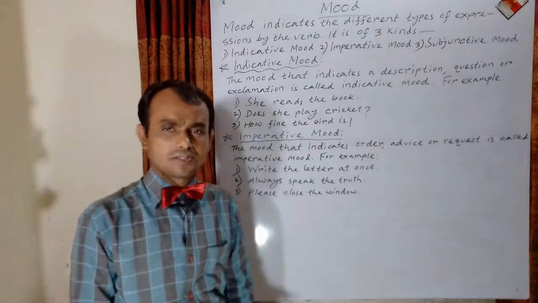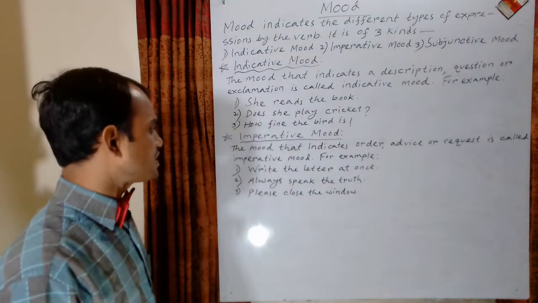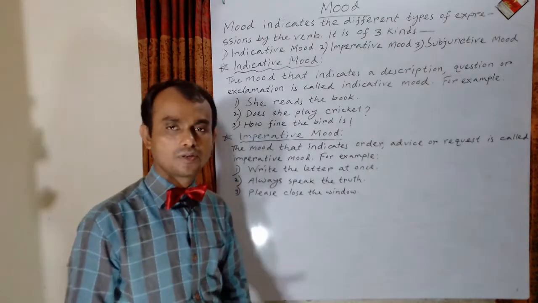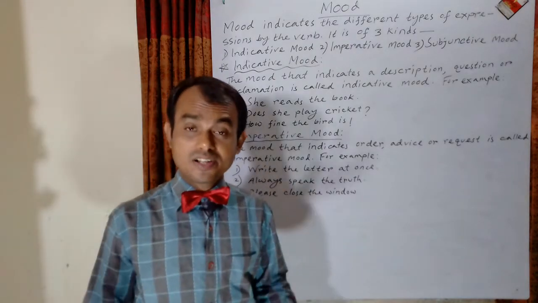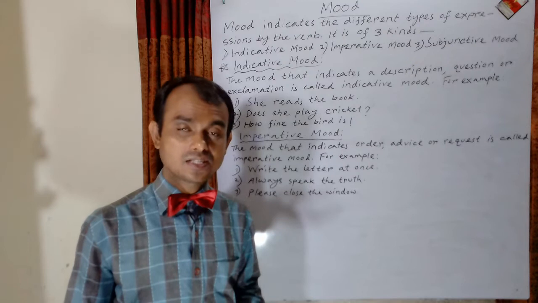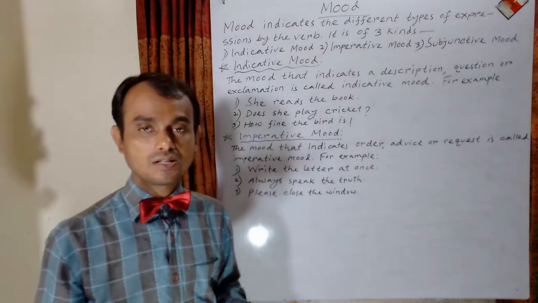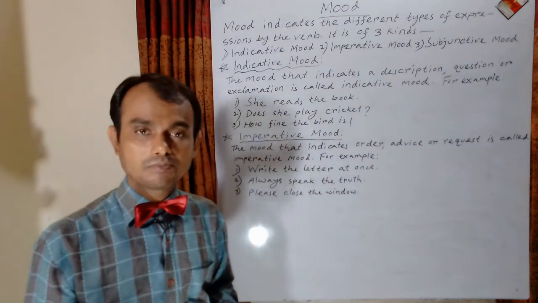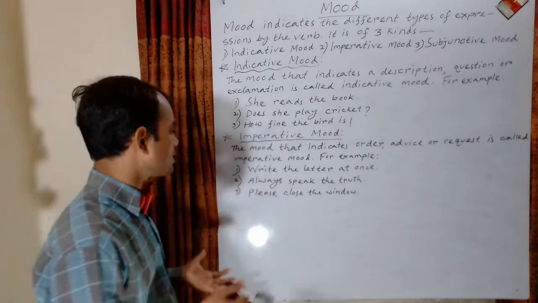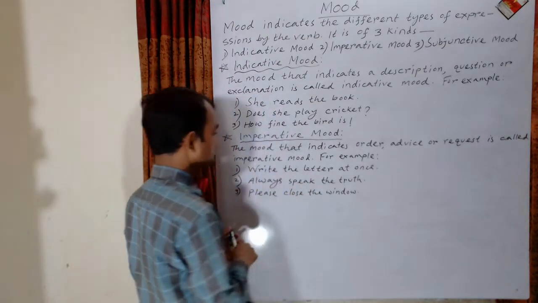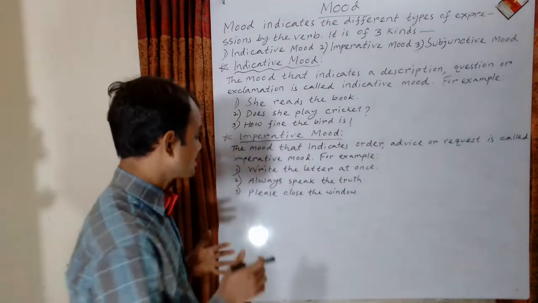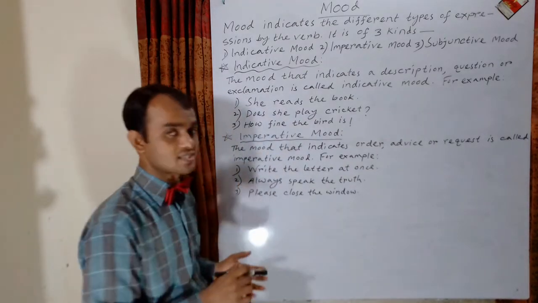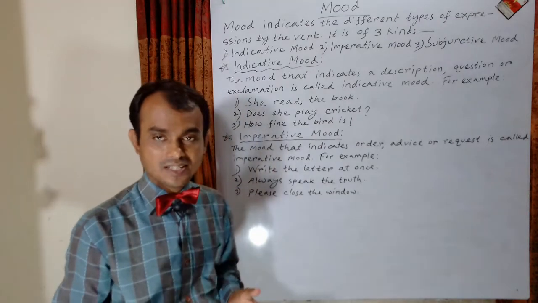Dear students, I have already written the definition of imperative mood with its examples. The mood that indicates order, advice, or request is called an imperative mood. For example, write the letter at once. The verb of the sentence orders.